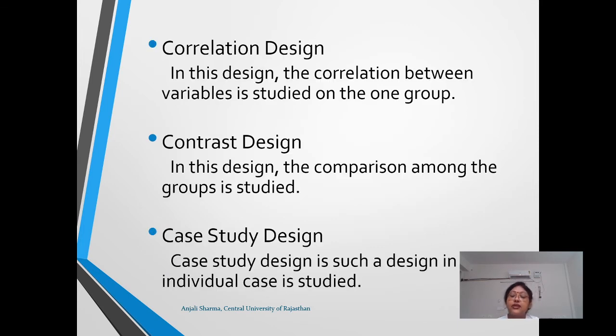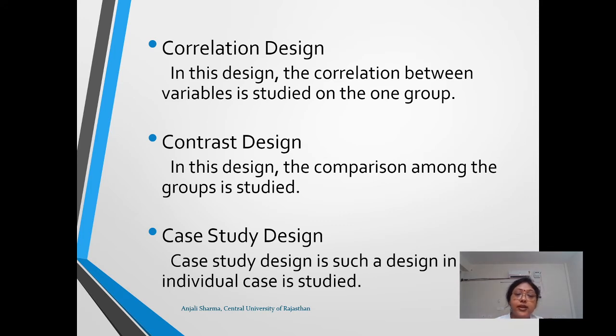So in this way, these are the quasi-experimental designs and sub-designs. Within the quasi-experimental, we can craft our research either with the separate group design or with the counterbalanced group design. It depends upon in what way we are going to give the intervention, and which design is suitable for us, we can choose that.